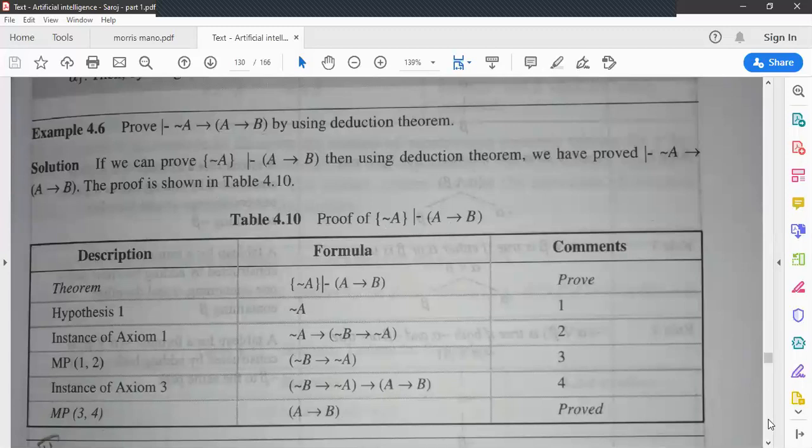This axiomatic system, although it looks to be simple, is very powerful and it can do any type of deduction and proof.